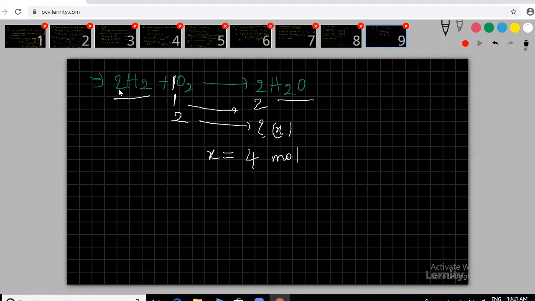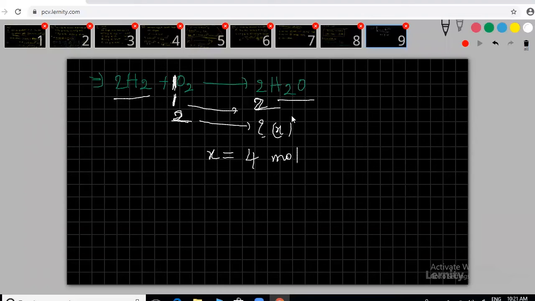According to the equation, 1 mole of oxygen will form how many moles of water? 2 moles of water. Then 2 moles of oxygen will form how many moles of water? That is the question. One mango costs 2 rupees, then 2 mangoes cost how much? That's why I'm asking.